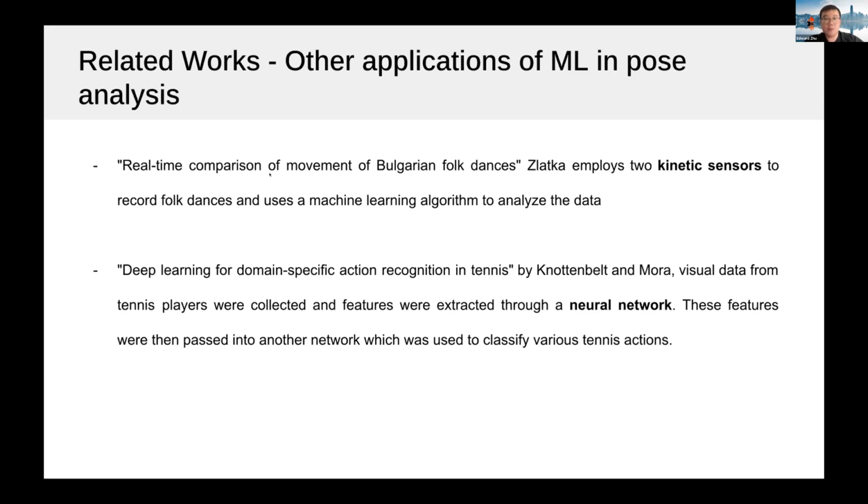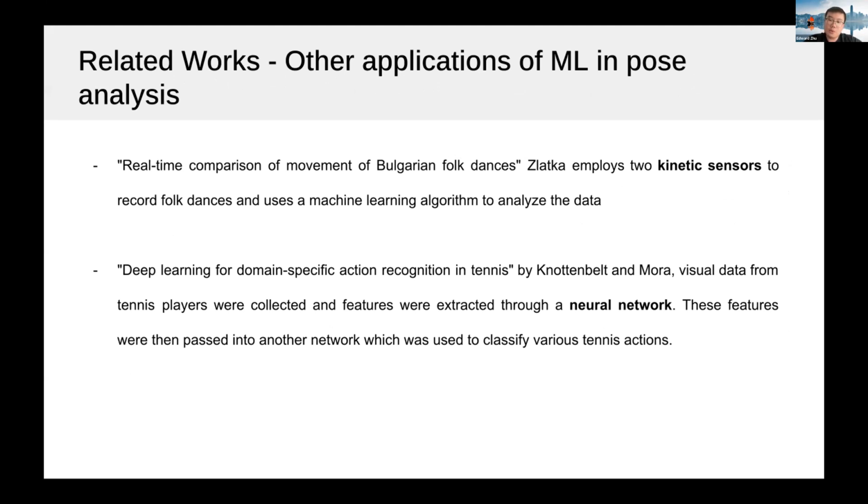And a bit more on machine learning and pose analysis in general. There has been research, for example, on the classification of Bulgarian folk dances, which utilizes kinetic sensors and machine learning algorithms to classify them into specific types of dances.